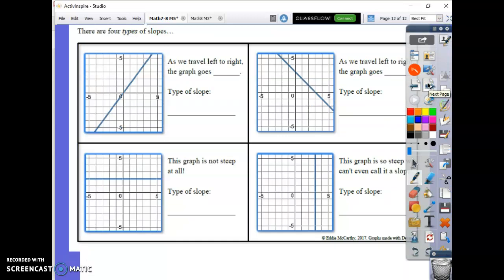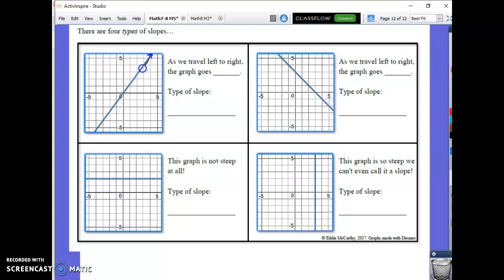There are 4 types of slope. Well, we have this slope right over here. If you look at this line, it's going up, right? As we travel left to right, the graph goes up. As we travel from left to right, the graph is going up.